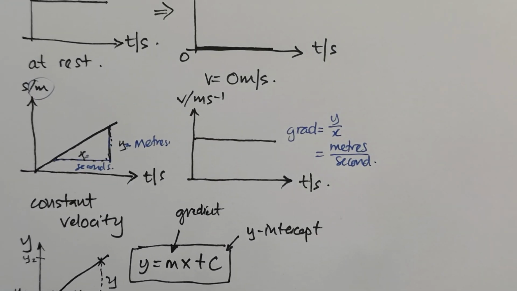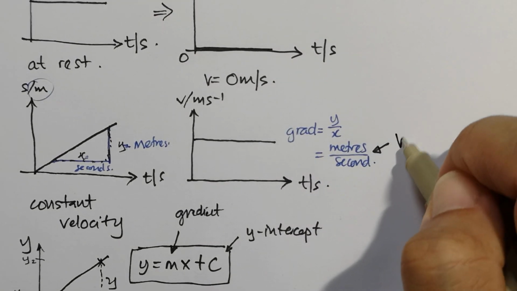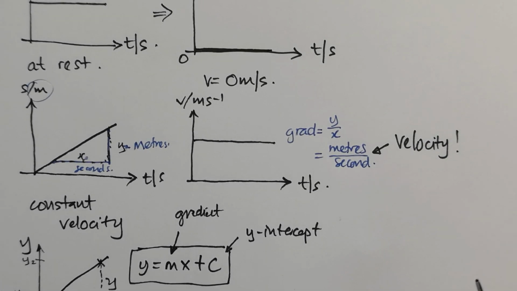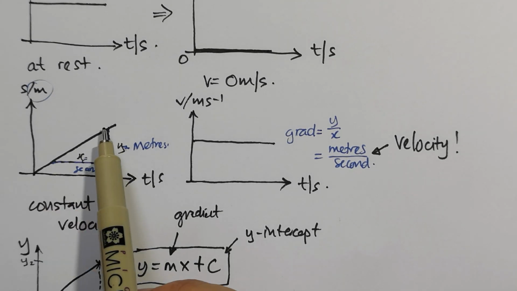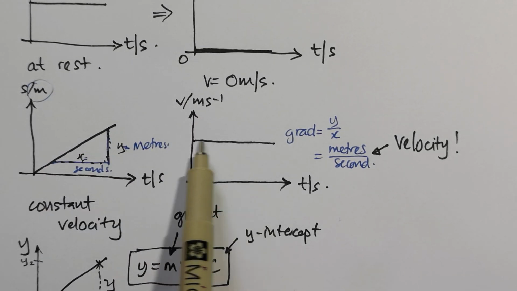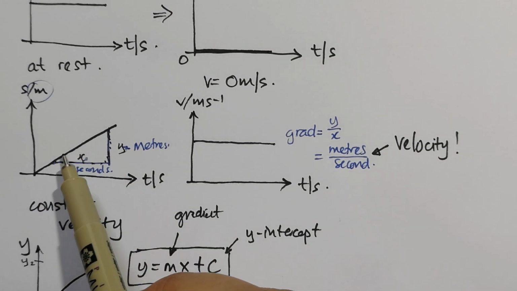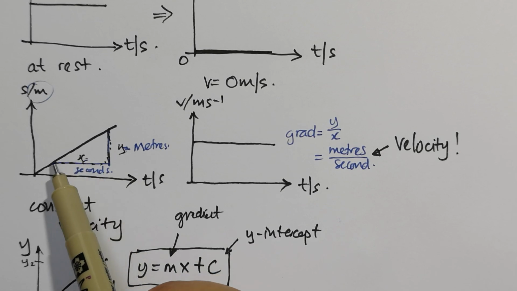This is essentially your velocity. So the gradient of the displacement time graph will give you the velocity. And over here, the gradient didn't change. It is a constant gradient.